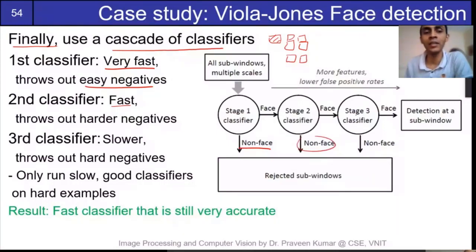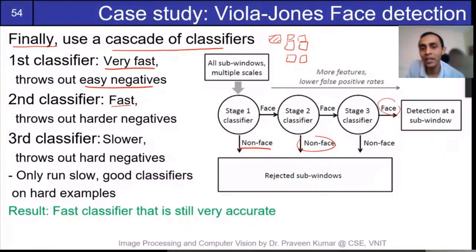In the third stage, or whatever stage, you can use a more robust classifier which uses multiple Haar features, and which will throw out more hard negatives. Finally, the output will probably be a more accurate probability, saying that whenever this classifier says it is a face, it is probably really a face there.